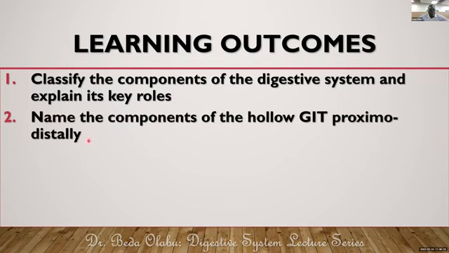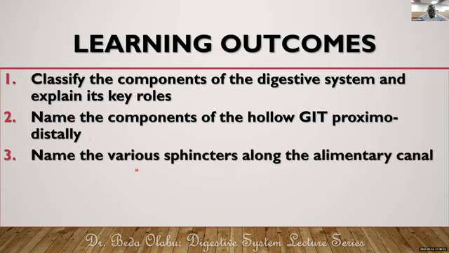After that, we are going to name the components of the hollow GIT in order, proximodistally. So basically, that's the part followed by food. After that, we'll be naming various sphincters which are along this particular hollow GIT. The sphincters which are along the alimentary canal, we'll be naming them and we'll be stating what they do.